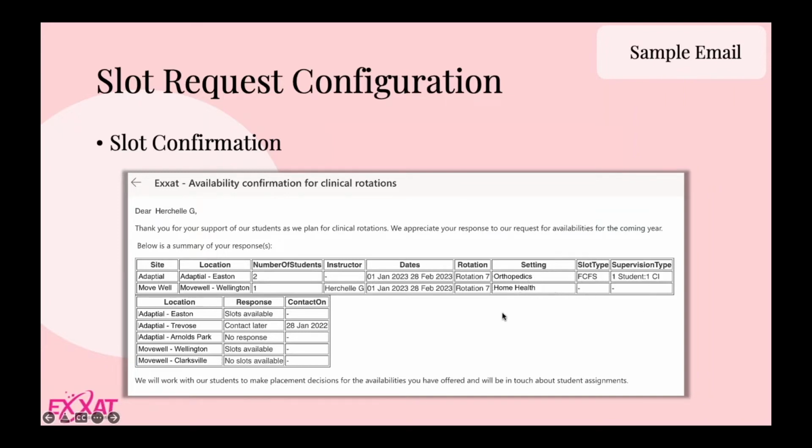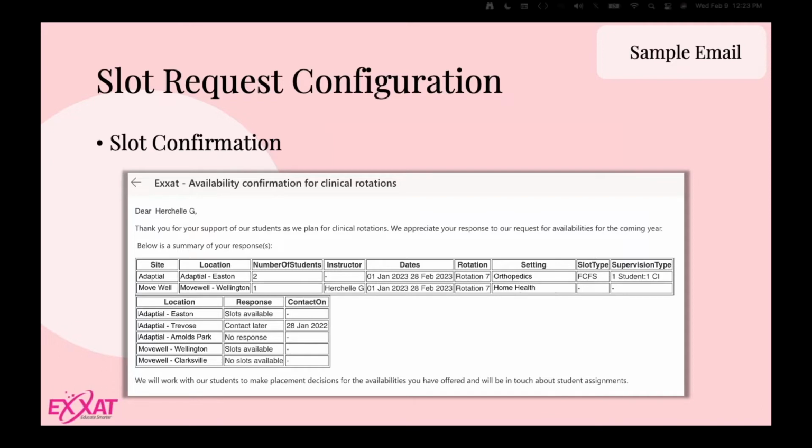So really helpful. I know that sites have expressed how much they like this particular email, at least in version 3. I'm sure in version 4 it's also going to be appreciated, because the sites can then keep a copy of this and file it away so they know what they've offered for that particular experience.